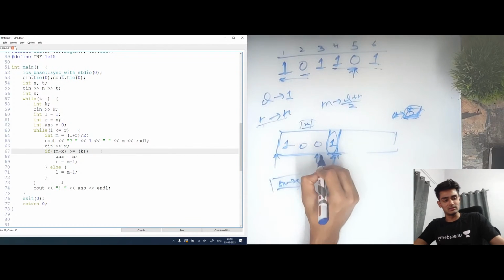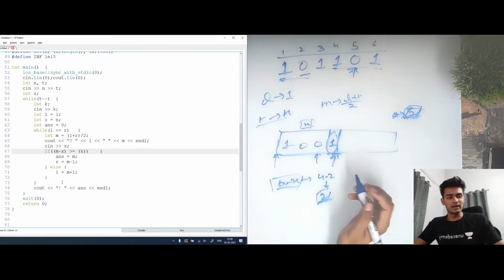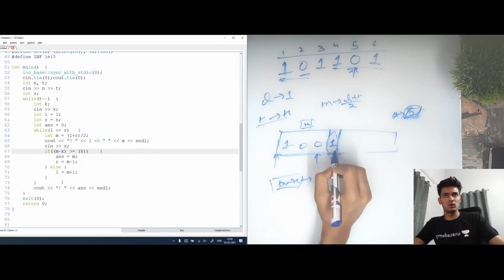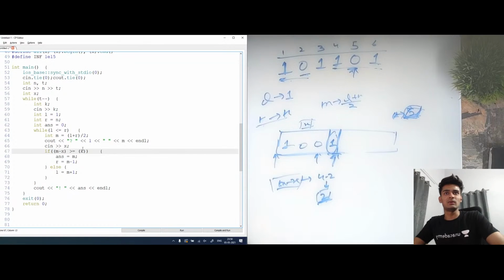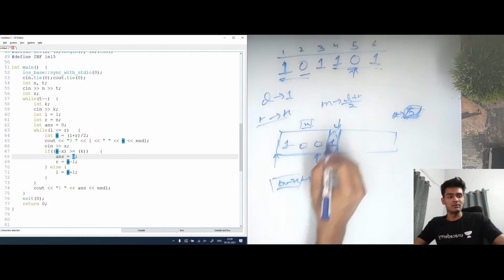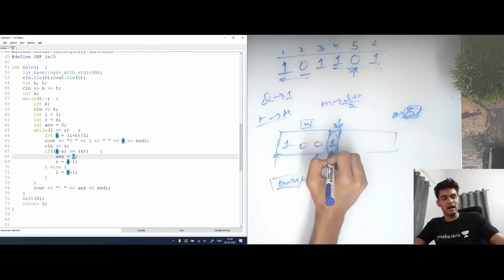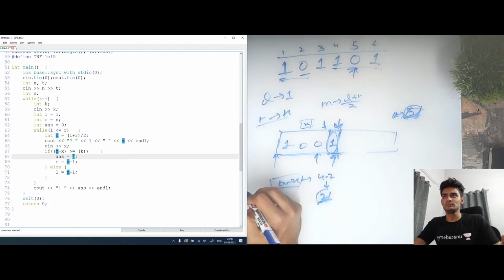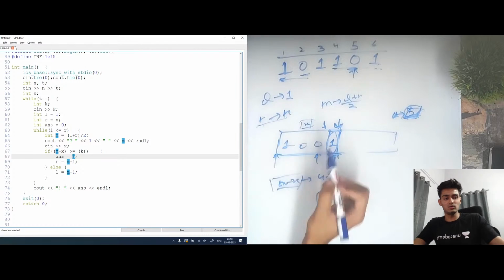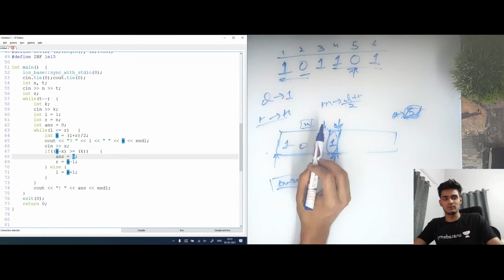We need this 0. Now what I did is, if the count is greater than or equal to K, I just store that particular value of M in answer, as one potential candidate for my answer, and I just decrease my R to M minus 1, and again do the binary search from 1 to M minus 1.